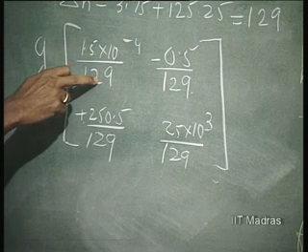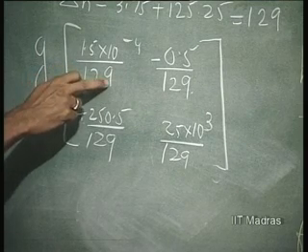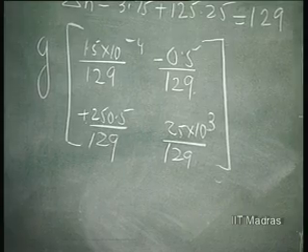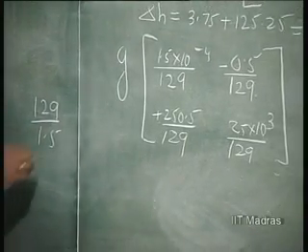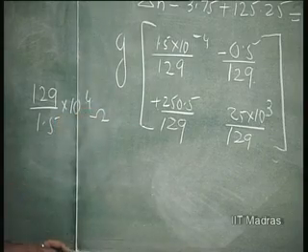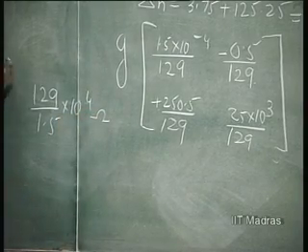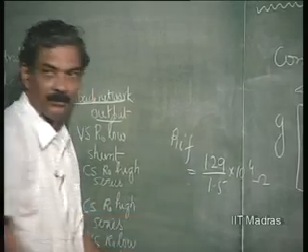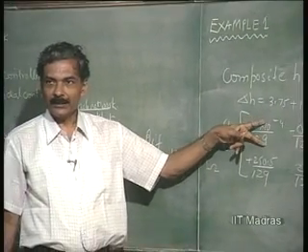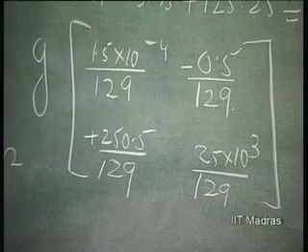What happens to the input impedance now? 129 by 1.5 into 10 to the power 4 ohms is the input impedance with feedback. 1 over this is input conductance. So input impedance is 1 over this. 129 by 1.5.